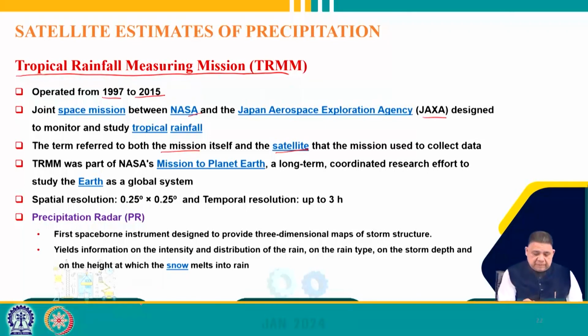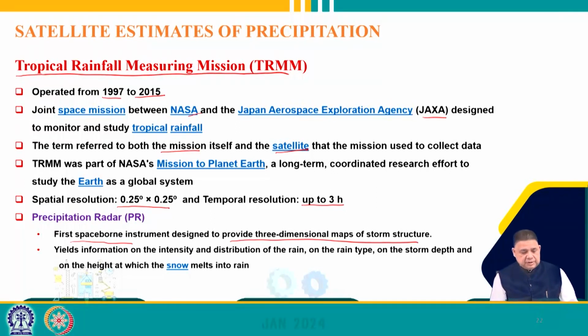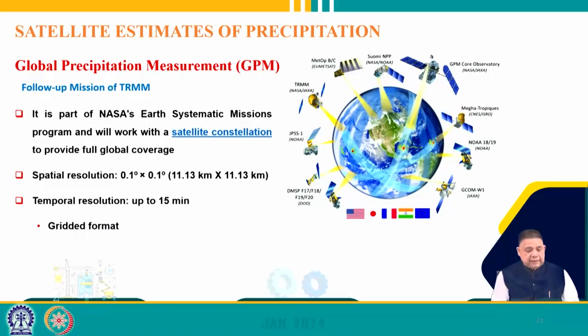It provided measurements at a spatial resolution of 0.25 degree by 0.25 degree and a temporal resolution of up to 3 hours. That means data were available every 3 hours. The first instrument is the precipitation radar, the first space-borne instrument designed to provide a 3-dimensional map of storm structure. This operation was over in 2015.